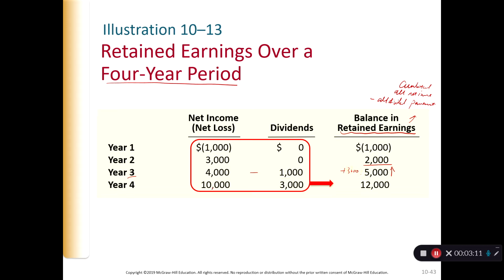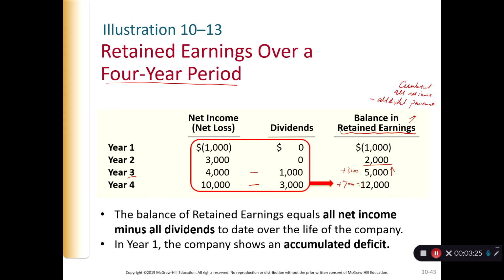In year 4, you made $10,000, but you distributed $3,000 cash dividend. Hence, you actually have $7,000. So from last year's $5,000 in retained earnings plus $7,000, you get $12,000. This step by step shows you that the balance of retained earnings equals all net income minus all dividends to date over the life of the company.